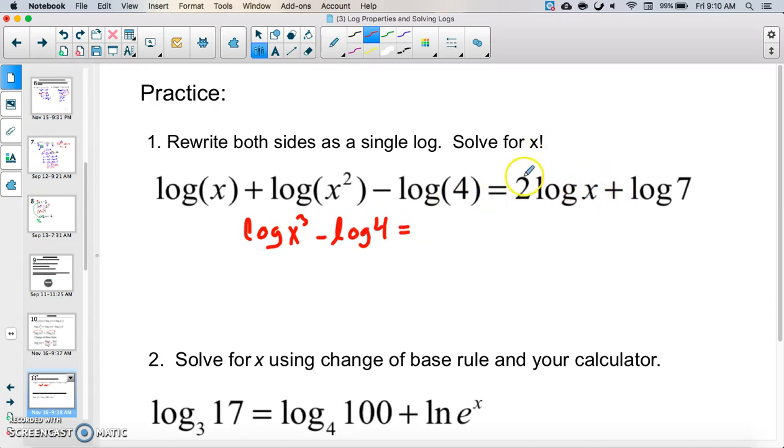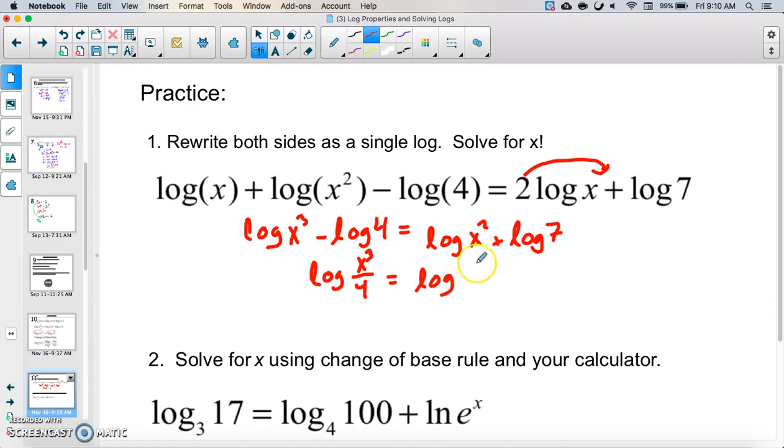On this side, I've got this 2 that I know I can bring over here and make an exponent, so it'll turn into log x squared plus log 7. I can take this one more step, and I've got a subtraction sign, so I'm going to divide. So I'm going to have log x cubed divided by 4 equals log, we've got adding, so we're going to multiply, so 7x squared.